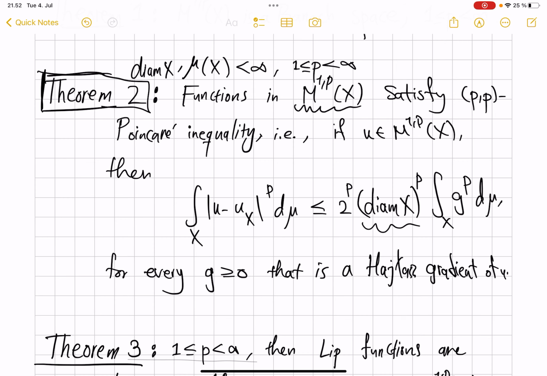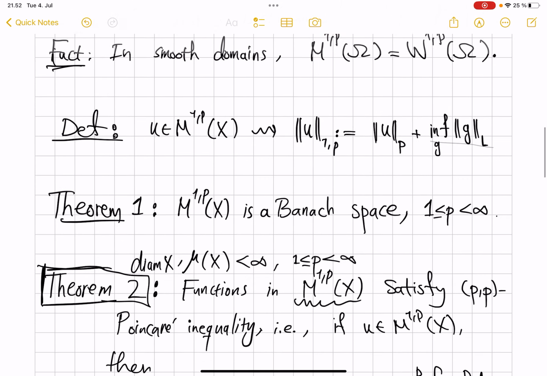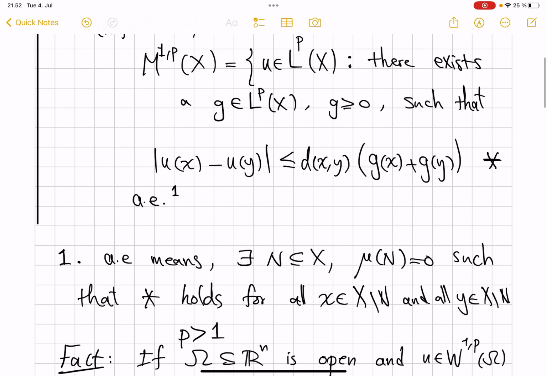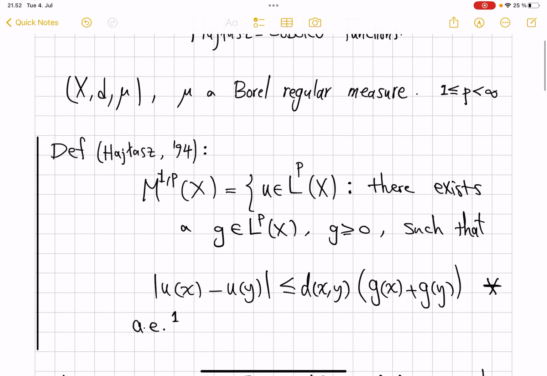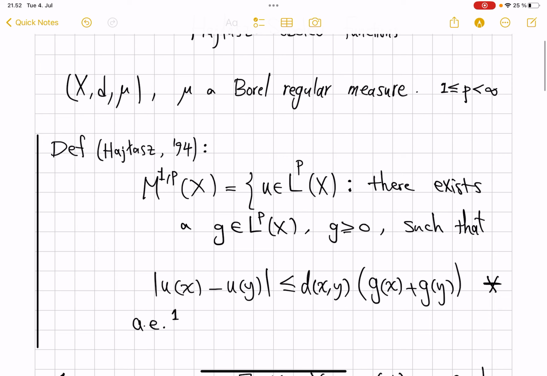So there you go. So we have our first space that, because of the properties, the theorems that I mentioned, deserves to be called a Sobolev class on a metric measure space.